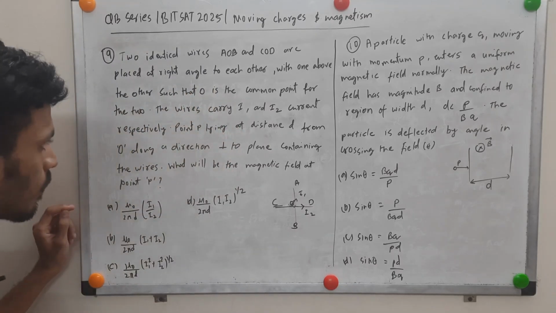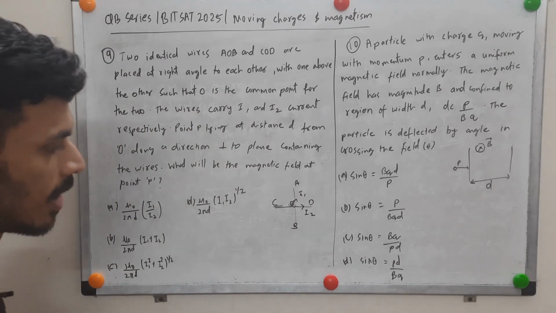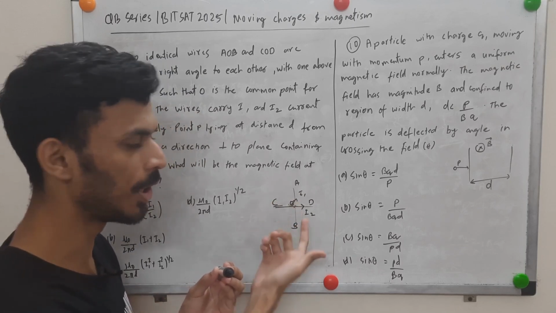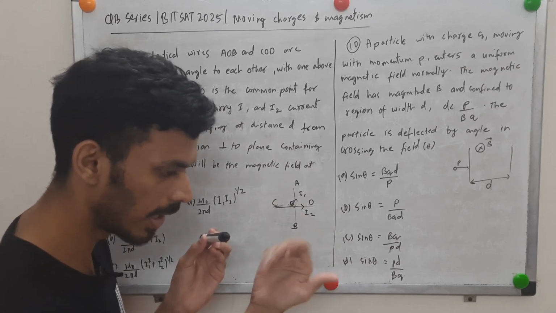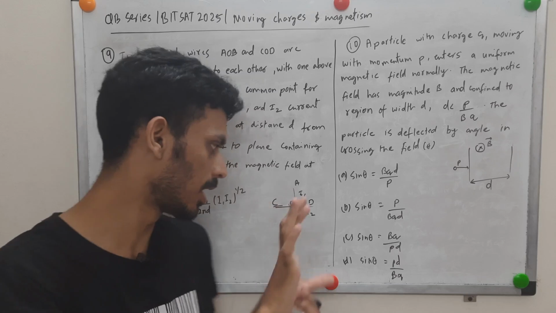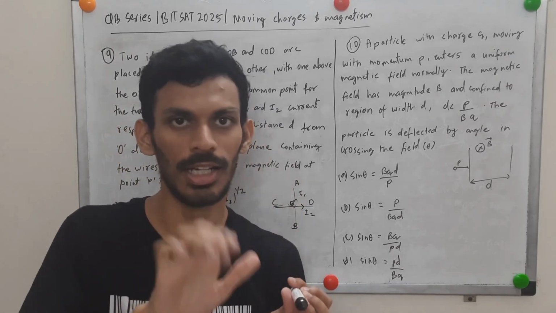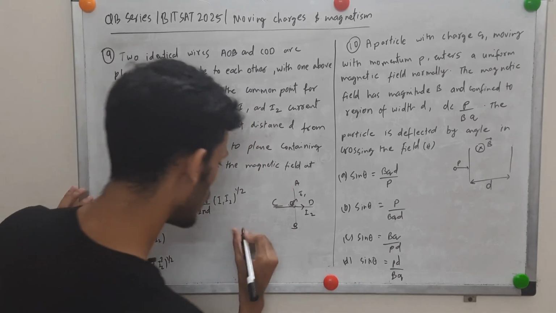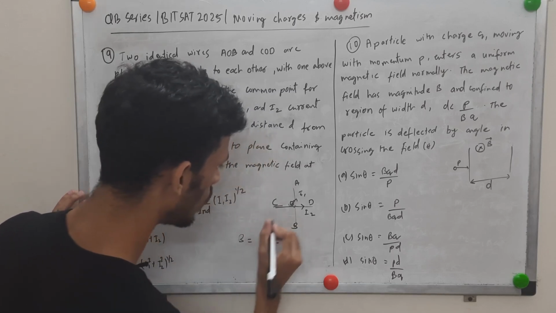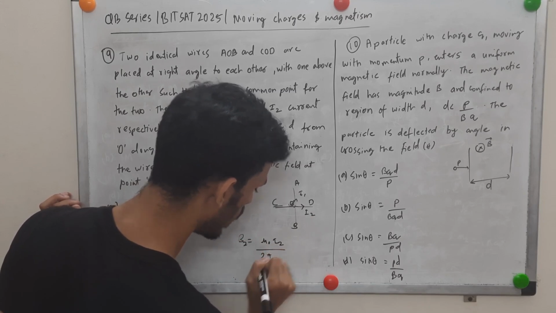Now we are supposed to tell what the magnetic field at this point will be. Suppose the field due to I2: if I put my thumb in the direction of the current, the field at point P will be going down, right?